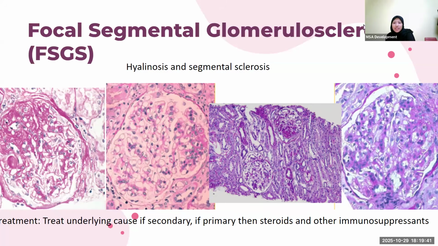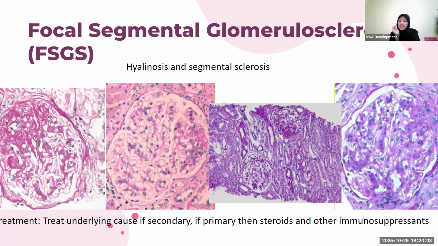From the name, you have sclerosis and it's focal, so only part of the whole kidney, a part of the glomeruli is damaged and not the entire glomerulus. So if you see those, that's a sign of focal segmental glomerulosclerosis.